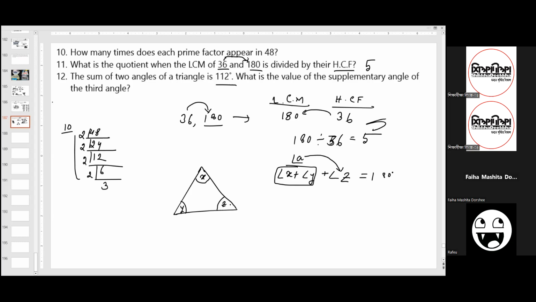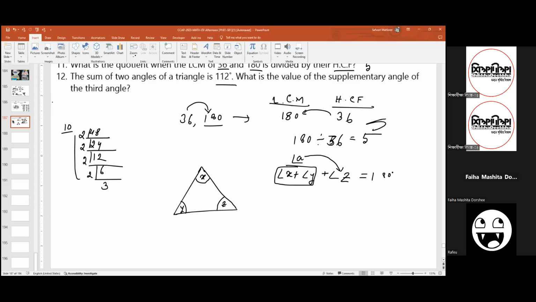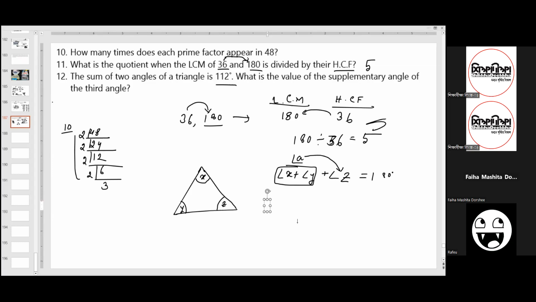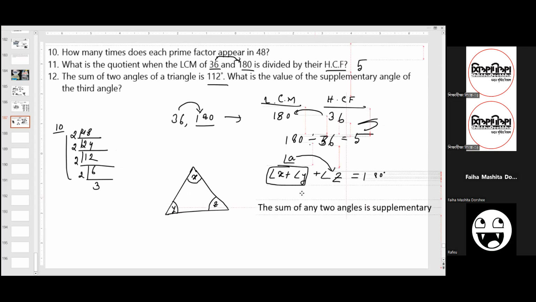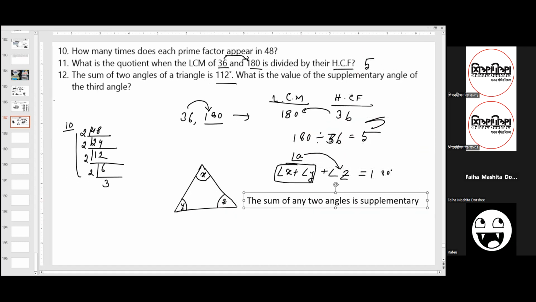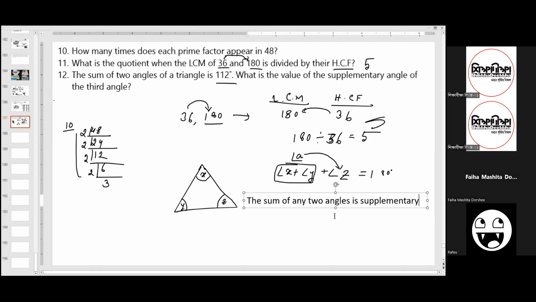Do you understand this? What can we say from here? We can say that the sum of any two angles is supplementary to the third angle, right? Do you understand? So what is the sum of the two angles? 120 degrees.